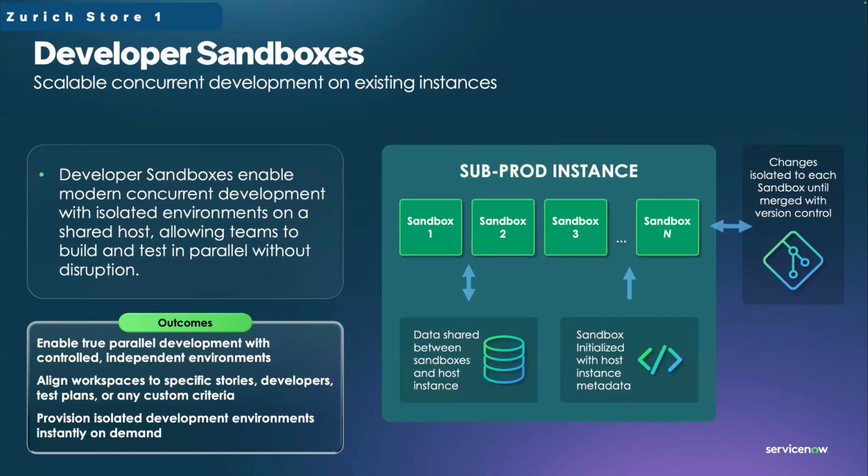So when you clone those, they are essentially clones on that instance of that instance. And so you can have multiple developers working on concurrent stories without having to worry about those collisions that you typically would. So those instances can be provisioned instantly on demand.